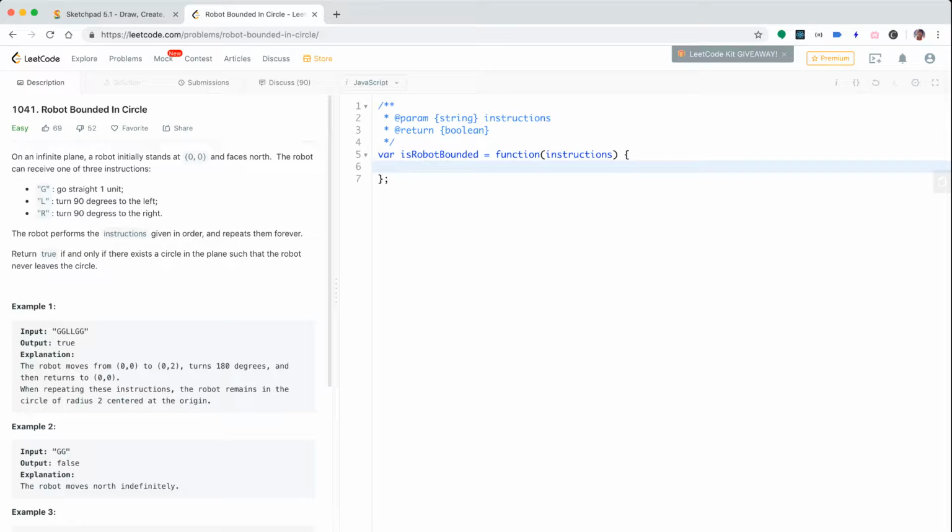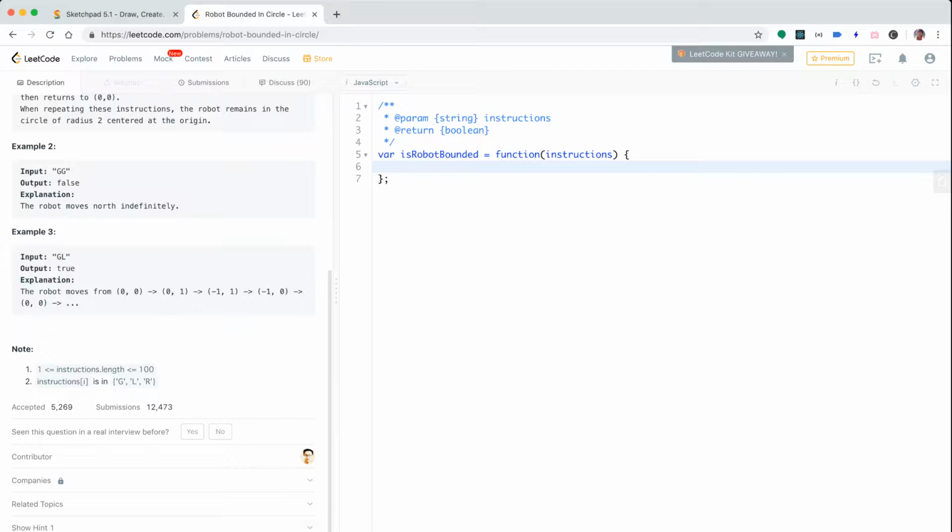To think about this, first, the instructions could be coming in some random input. It's like they will just go left and right, right and left, repeatedly, and the instruction may be as long as 100.